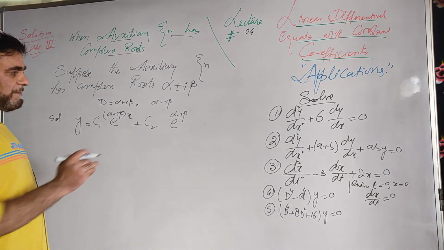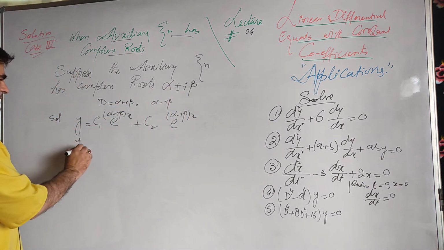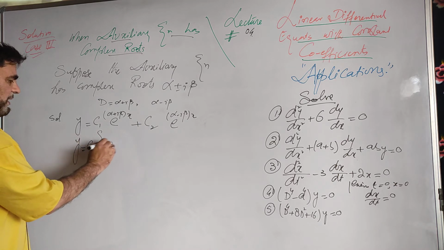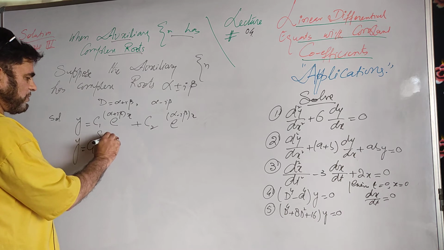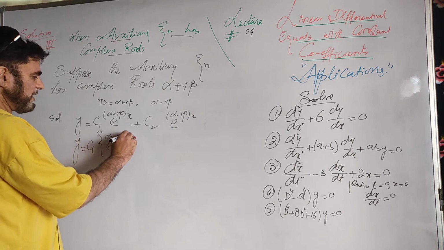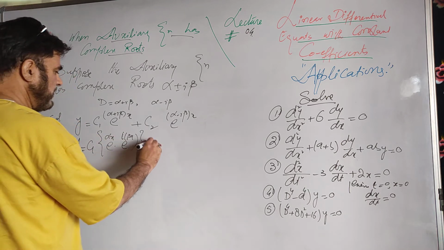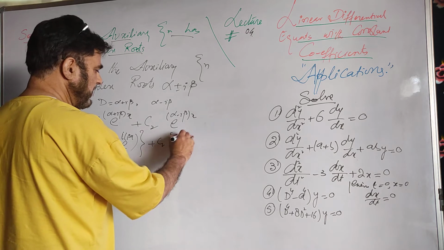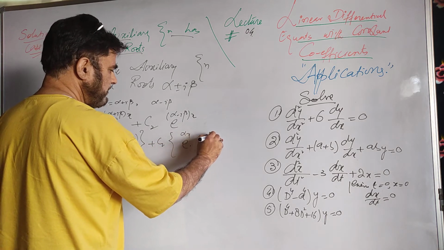Splitting the powers by indices, y is equal to c1 e raised to power alpha x, e raised to power iota beta x, plus c2 e raised to power alpha x, e raised to power minus iota beta x.